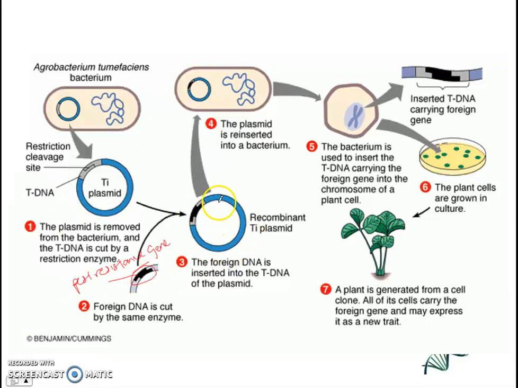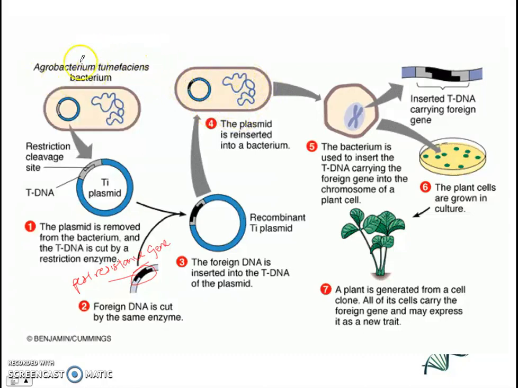So here's our recombinant plasmid made up of that pest resistance gene and the plasmid. And remember, we use DNA ligase to seal that bond between the pest resistance gene and the plasmid.